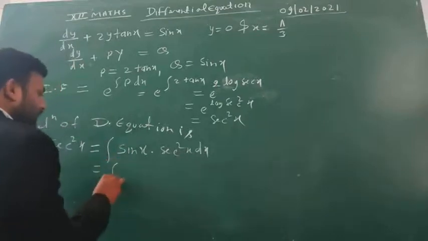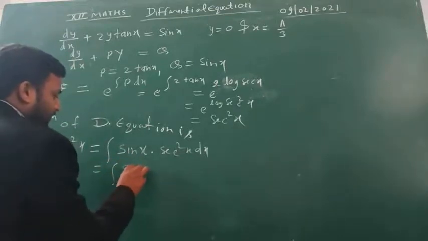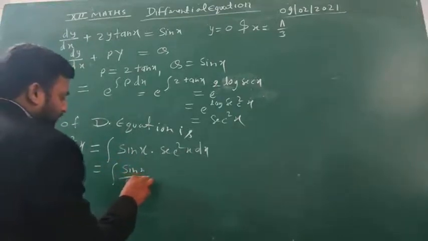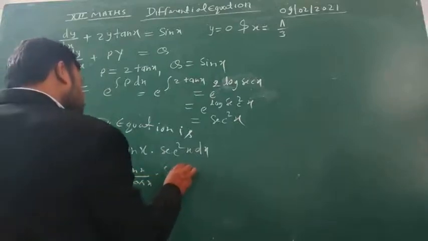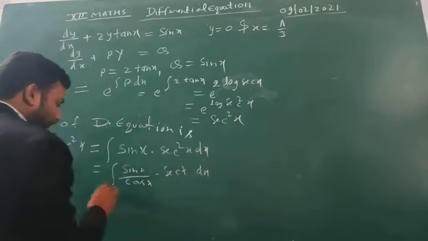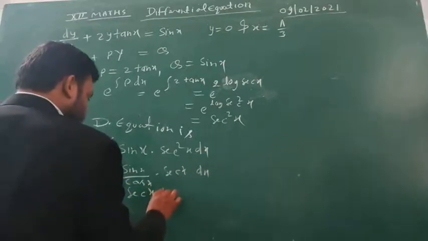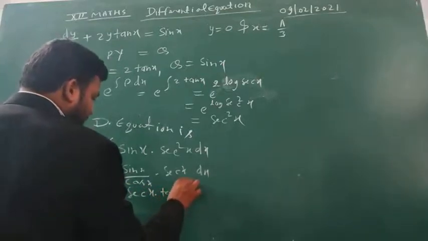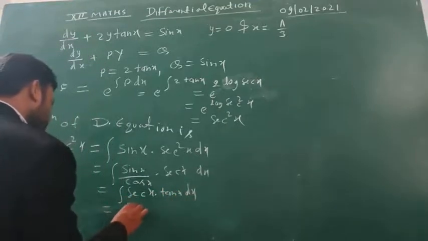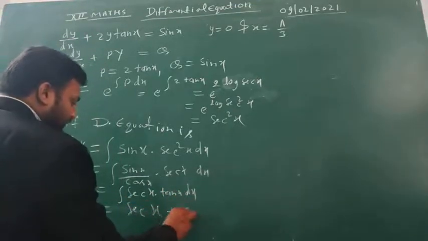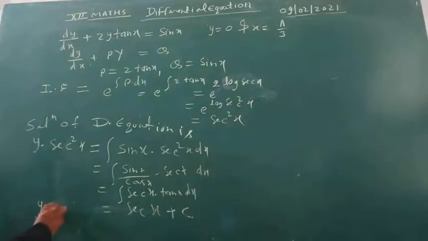Okay students, so we write this as sin x by cos x into sec x dx. So students, this is sec x tan x dx. So this is the integration of sec x. And y is multiplied by sec square x, students.